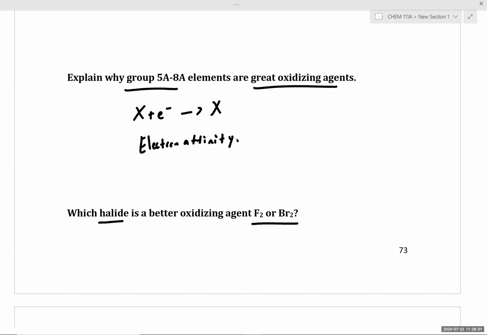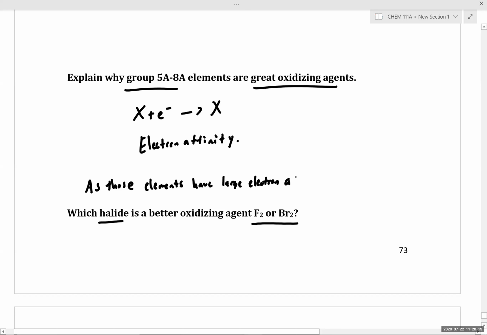Okay, so let's discuss this example. 5A through 8A elements are great oxidizing agents, as those elements have large electron affinities. So if you're thinking about which halide is a better oxidizing agent, fluorine or bromine, we're comparing fluorine, which is N equals 2, to bromine, which is N equals 3.